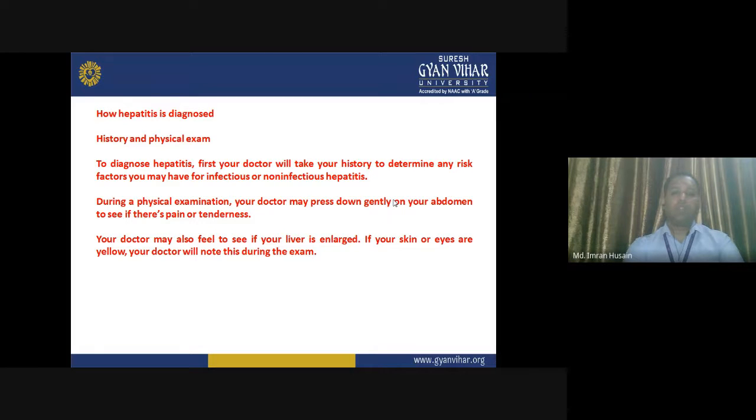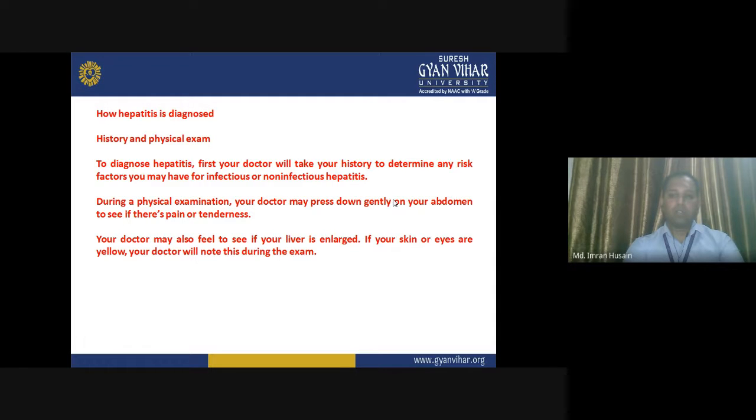During a physical examination, your doctor may press down gently on your abdomen to see if there's pain or tenderness. Every time, your doctor will press your abdomen on the upper right-hand side to see whether everything is okay. Your doctor may also feel to see if your liver is enlarged.